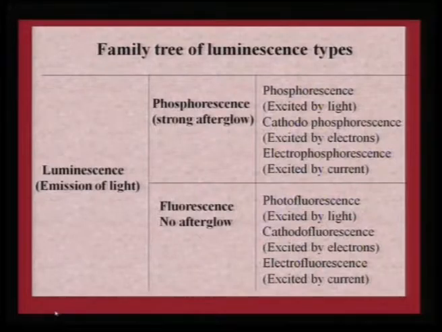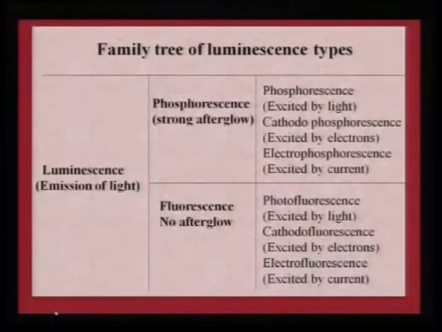When we say luminescence, it means we are talking about light emission, and this can come from two processes which are fundamental to photochemistry, called fluorescence and phosphorescence. Fluorescence is a fast decaying process, and the decay of the excited molecules happens in the order of 10⁻¹⁵ seconds. Therefore there is no afterglow, it just rapidly quenches.